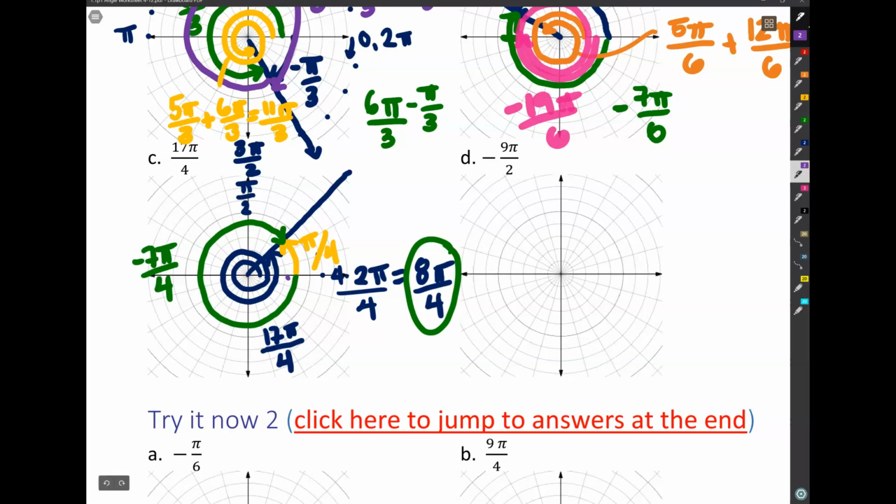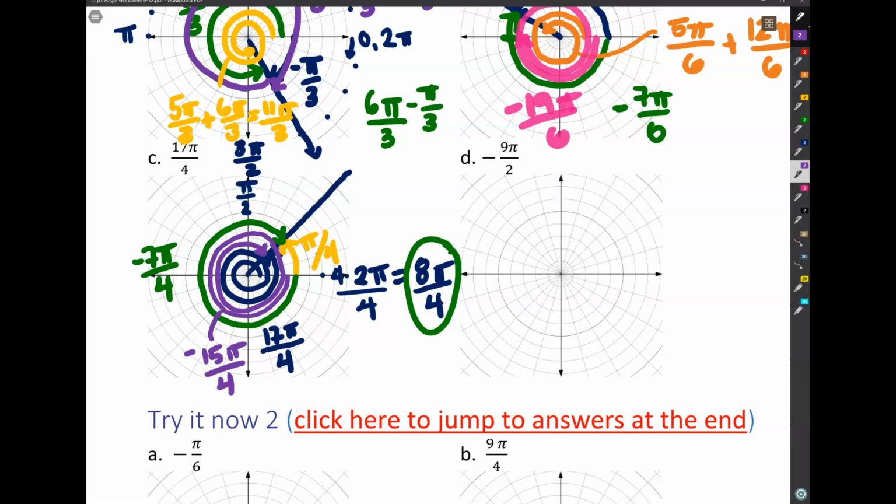So if we go all the way around, just like we did with green, and then we go one more extra lap in there, getting kind of messy. So that was 7 pi over 4, and then we went one more lap, which is 8 pi over 4, since 2 pi is 8 pi over 4. So we get 15 pi over 4, but pay attention to your direction. That was a negative 15 pi over 4.